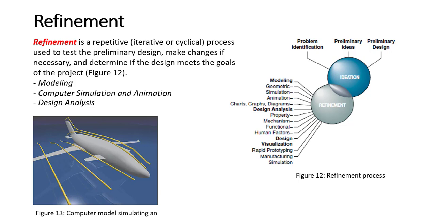Material properties can be assigned to a computer model so that it behaves and looks like the real product. For example, instead of a scale model of a new aircraft being made and tested in a wind tunnel, a computer model can be used to simulate the aircraft in the wind tunnel tests like Figure 13.